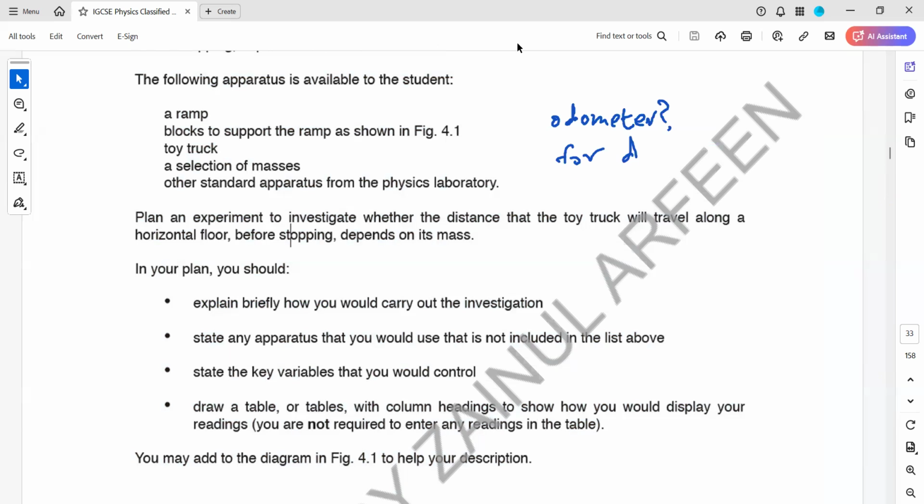You need a meter rule to measure the distance. We can use a protractor if you mention protractor, to make sure that the angle is the same.